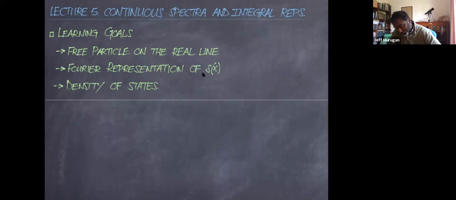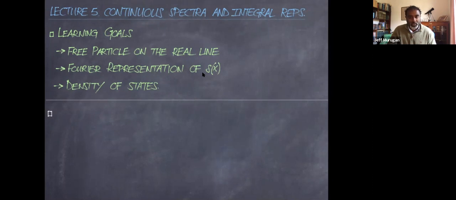I could label it by some set of integers n. So that was easy enough. We just guessed an eigenstate, and we acted on it with the derivative operator, and we were able to read off what the eigenvalues corresponding to those eigenfunctions are.